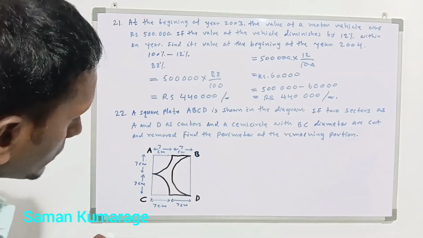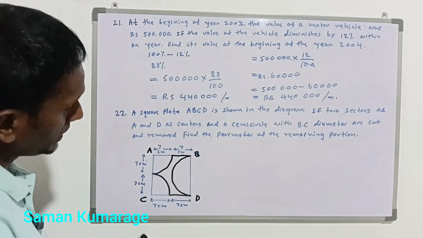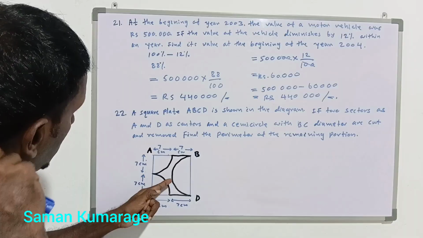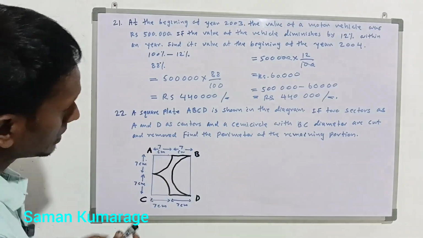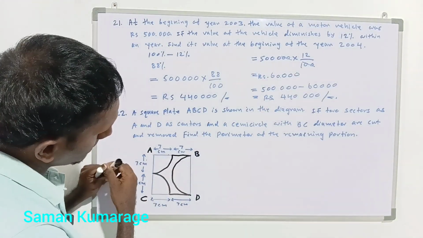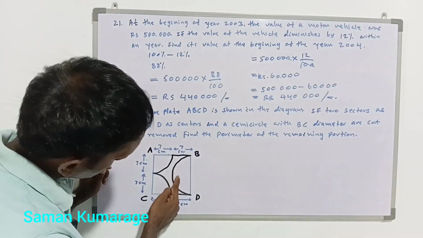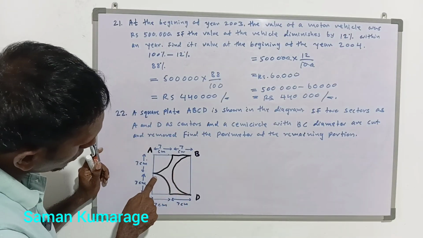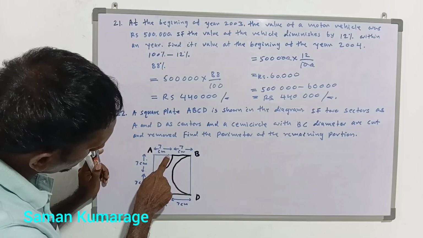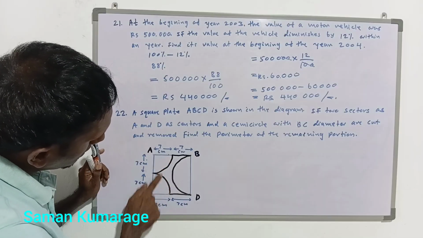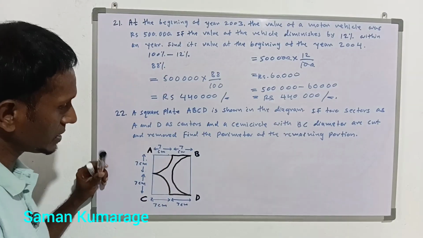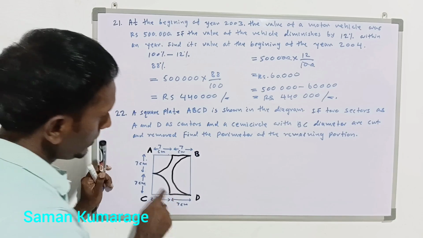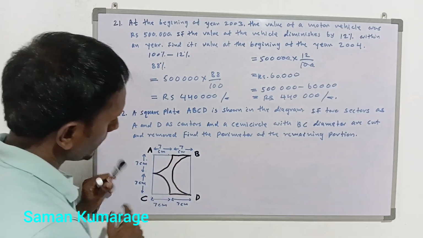So the perimeter of this remaining portion contains this semicircular arc and also these two arcs of the given sectors and these two sides.